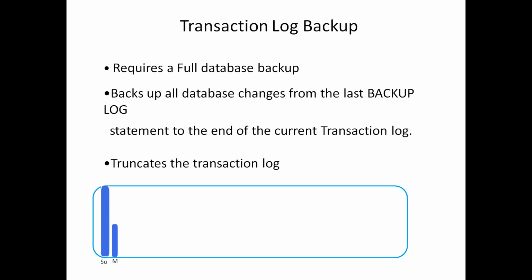So I've taken a full backup on Sunday, and then on Monday I've taken a log backup, and on Tuesday a second log backup. The first log backup that I've taken on Monday contains the information from Sunday to Monday, and Tuesday's backup contains the changes from Monday to Tuesday.